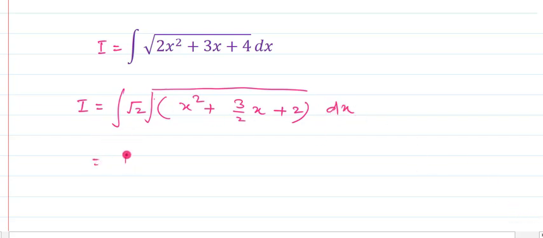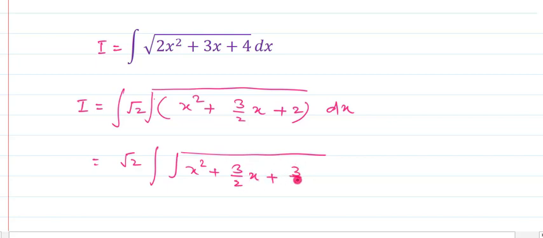Taking this root 2 outside, and now let us take half of coefficient of x and square it. So it is square root of x square plus 3 upon 2x, adding 3 upon 4 whole square, subtracting 3 upon 4 whole square, and there is no change in this 2.